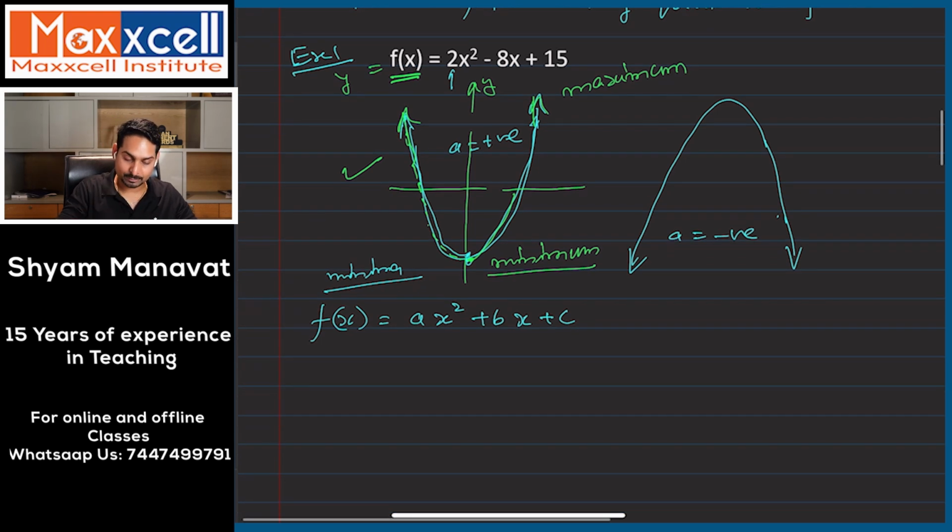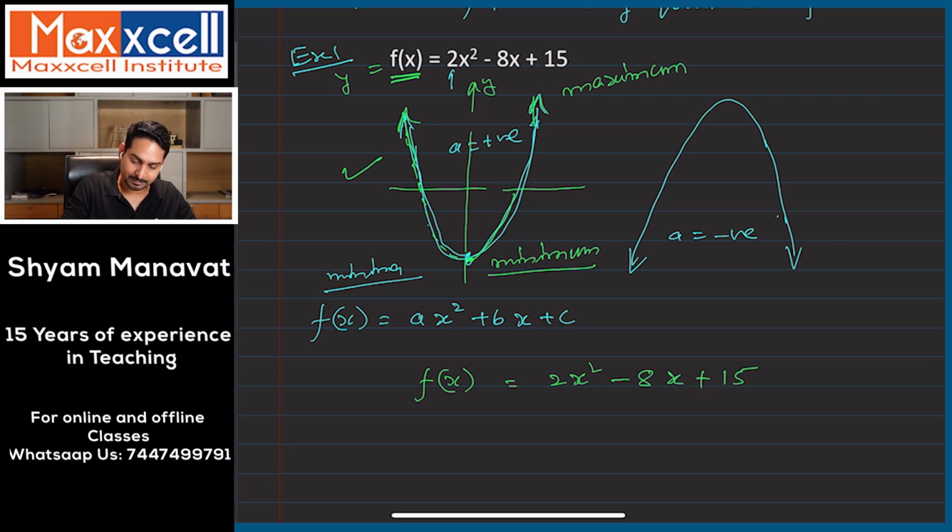So how will you identify? If you have a quadratic function, let's discuss this again. This is the function given here: f of x is equal to 2x square minus 8x plus 15. First of all, the question said find minimum or maximum. So you will say, sir, this function will show minimum.